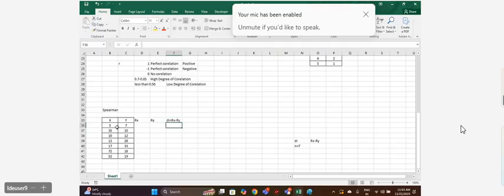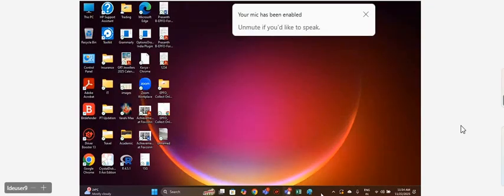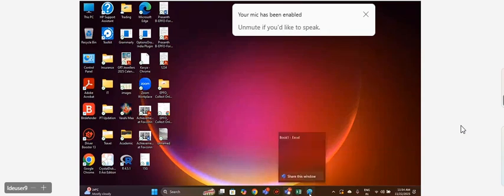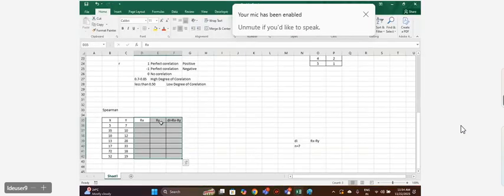Now this forms your table. If you look at this, you see x, y, rank of x, rank of y, di and di square. Rank of x minus rank of y is di. We will do di square later.